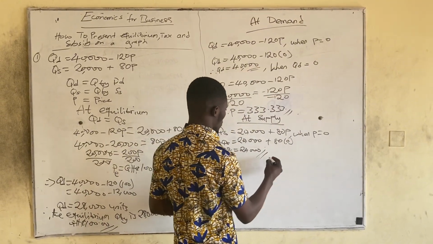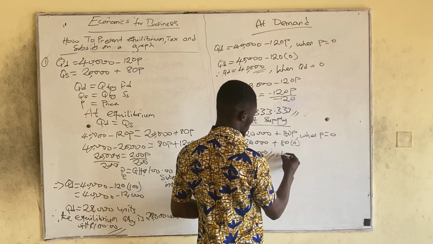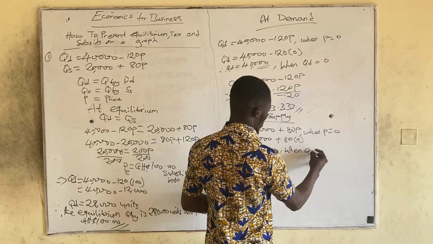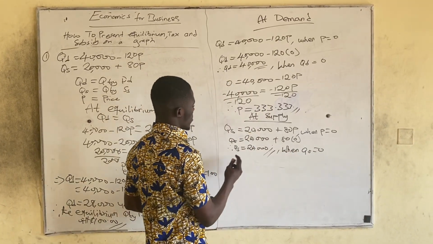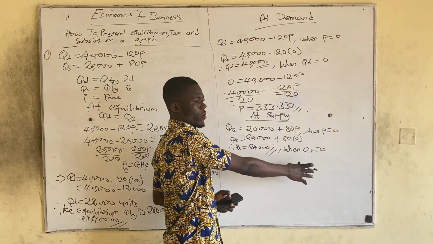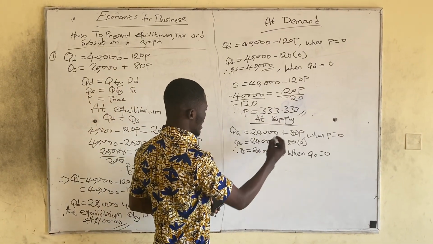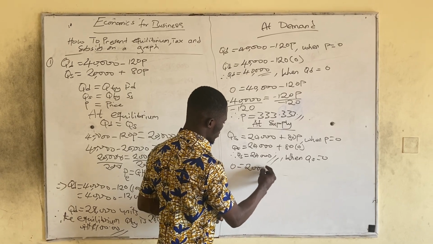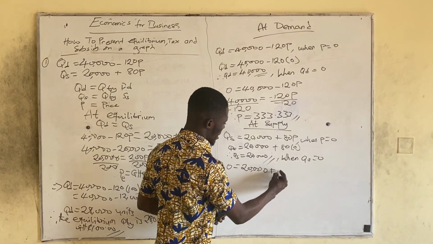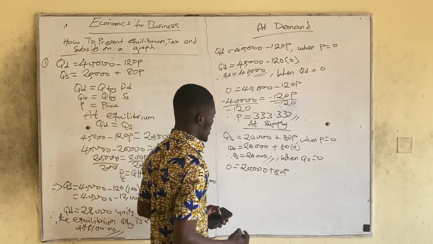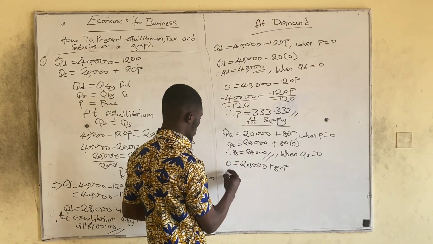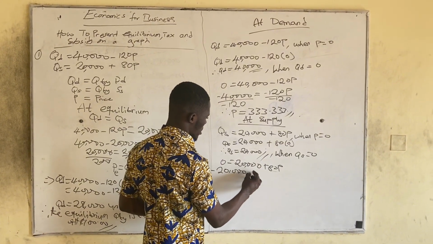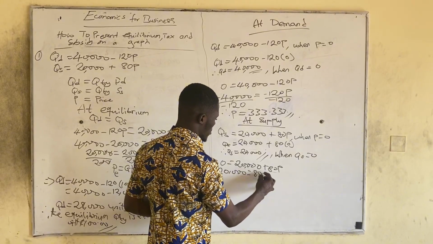Okay, so you state again that when QS equals 0, we will get our price: 0 equals 20,000 plus 80p, like this. Then our 20,000 will come minus: minus 20,000 equals 80p.